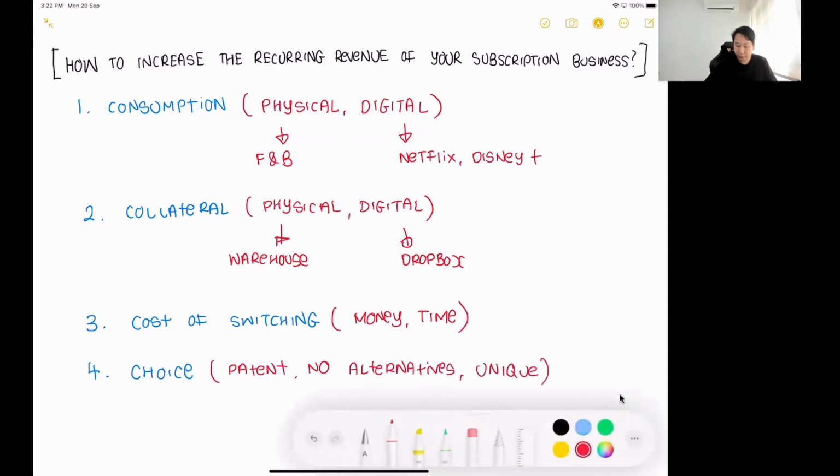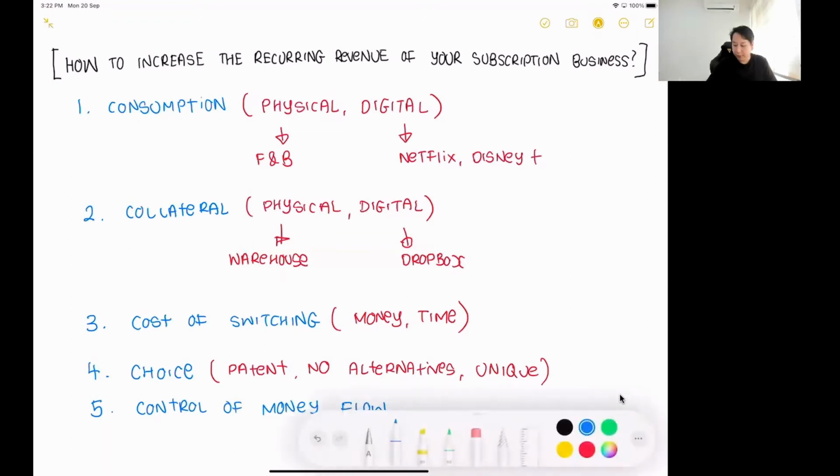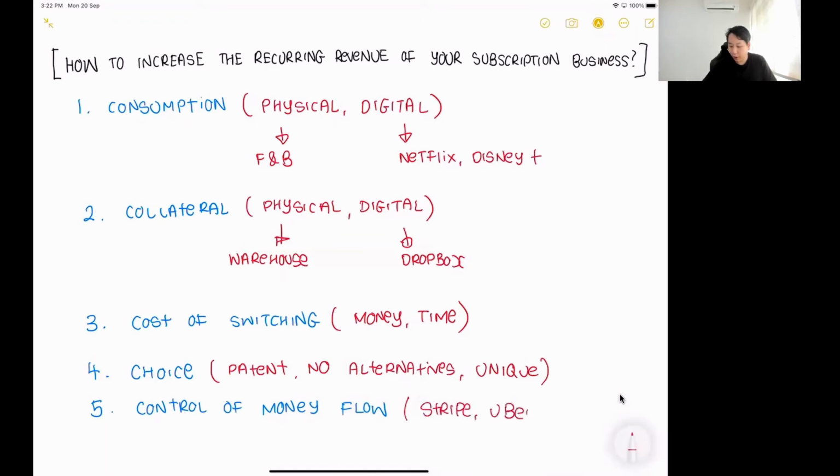Now, the fifth tip is what we call control of money flow. Now, what do I mean by that? For example, if you look at a business model like Stripe, or even Uber, they actually take the transaction fees before they pay out to you.